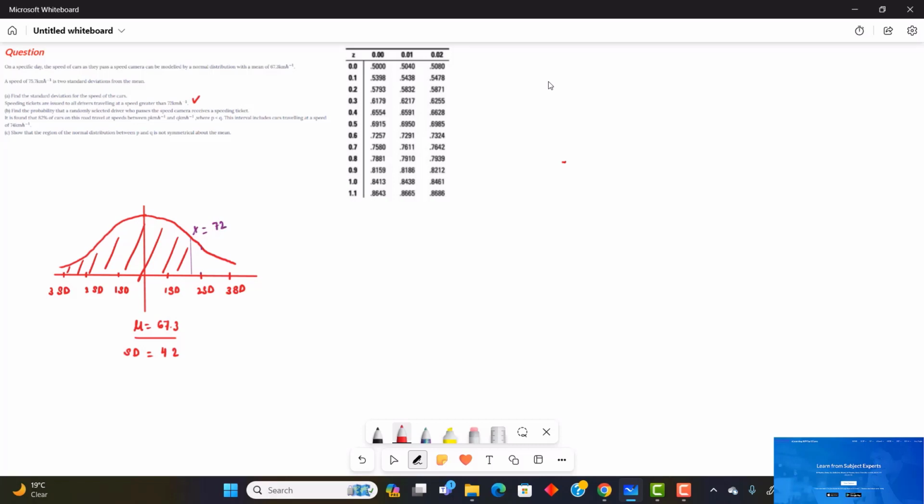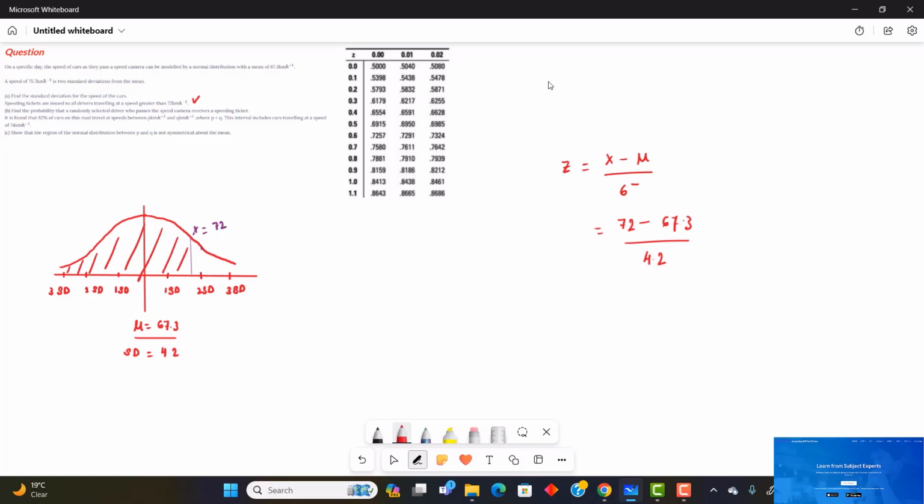So the formula for z score is given as x minus mu by sigma. X is the observation that we are dealing with over here, mu is the mean, and sigma is the standard deviation. Since we are dealing with the speed of 72 kilometers per hour, we can say x is equal to 72 minus mu, the mean, which is 67.3, divided by 4.2.